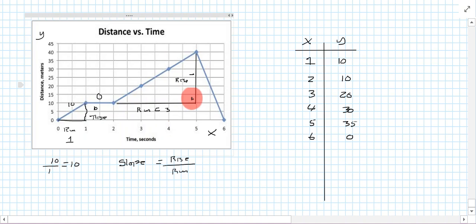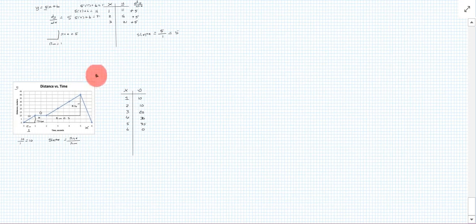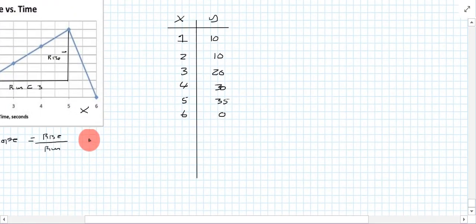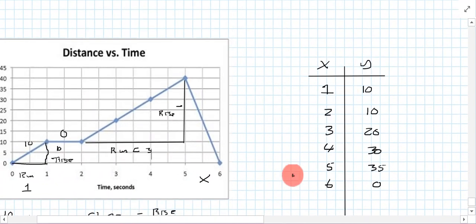And the rise, it's going up. Each box is 5. So it's 5, 10, 15, 20, 25, 30. So the rise in this case is equal to 30. So the run is 3 and the rise is 30.